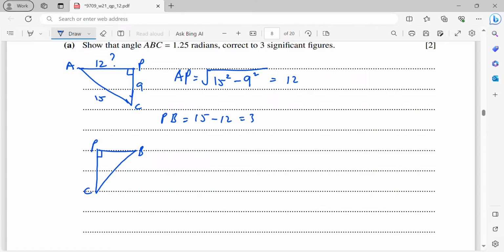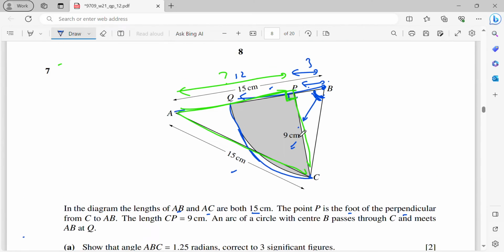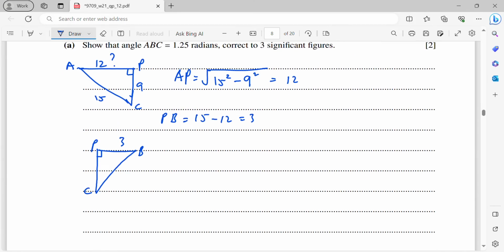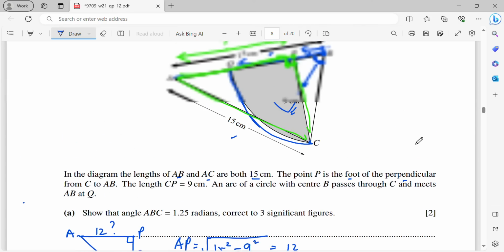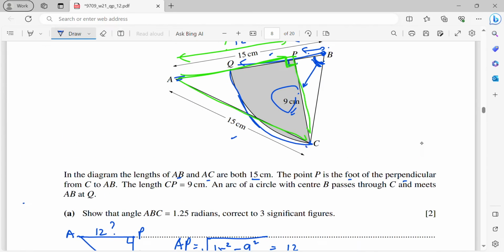Here is 90 degrees. BP is 3. Then PC is 9. And now I need to find angle ABC. So ABC is the same as PBC. It's the same angle.